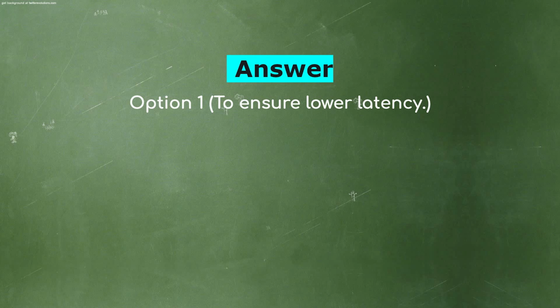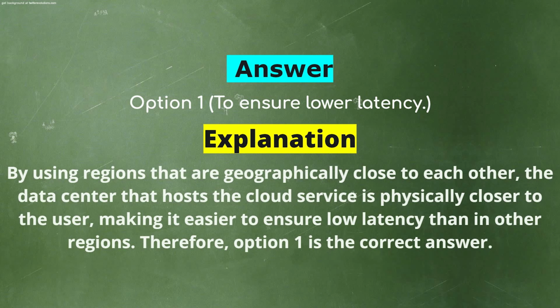To ensure lower latency. Explanation. By using regions that are geographically close to each other, the data center that hosts the cloud service is physically closer to the user, making it easier to ensure low latency than in other regions. Therefore, option 1 is the correct answer.